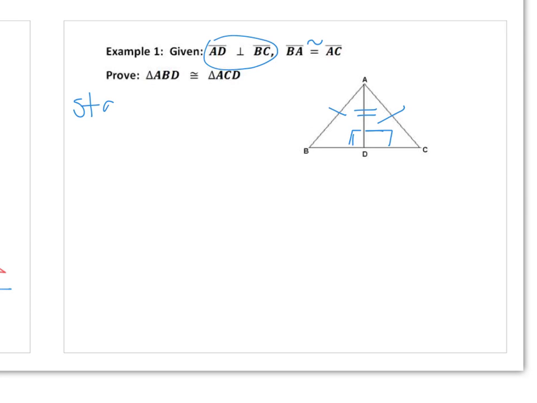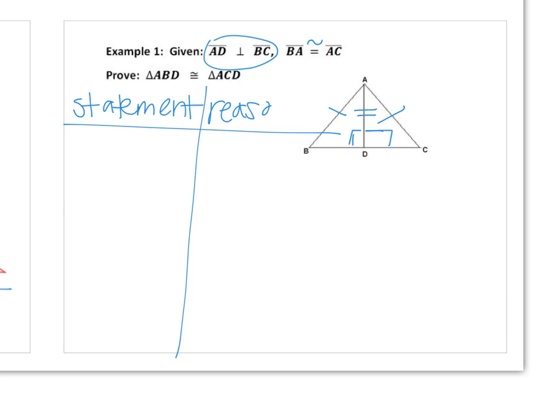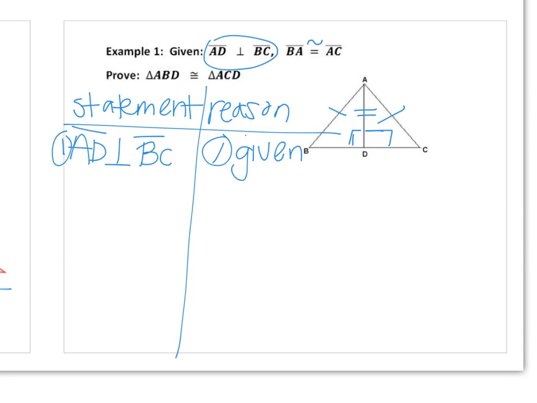So if I'm looking at the statements: AD is perpendicular to BC, given. Always after perpendicular, we state which angles are right angles. Looking at this picture, if AD is perpendicular to BC, then we know that angle, what letter's in the middle?